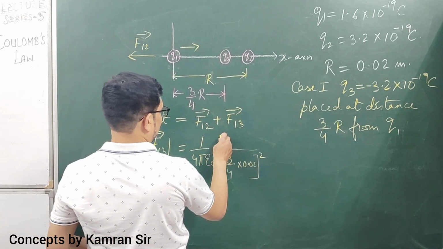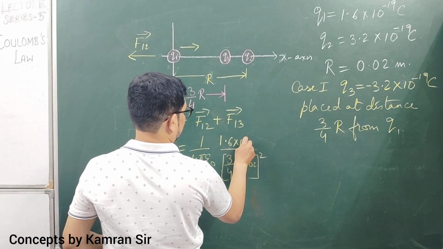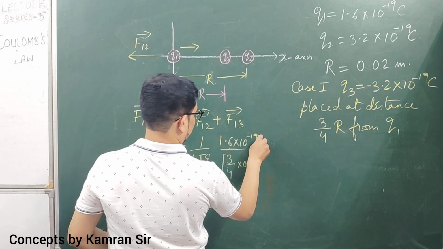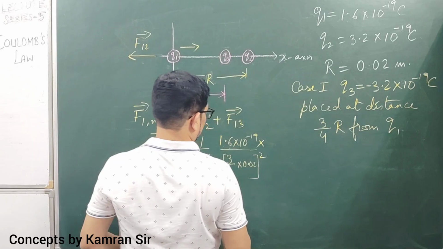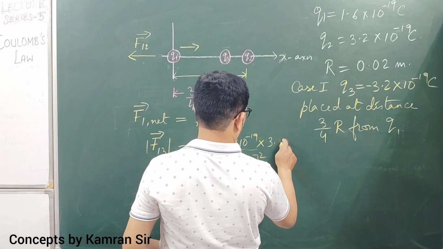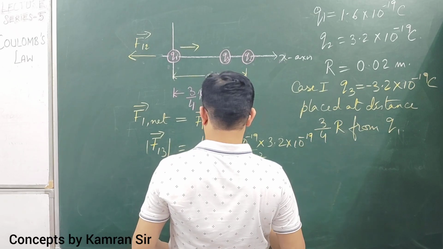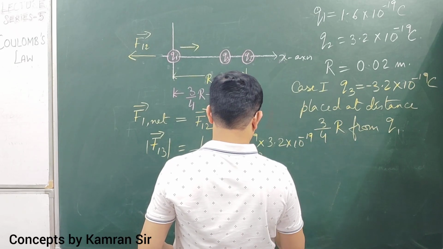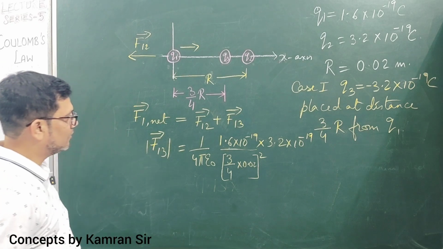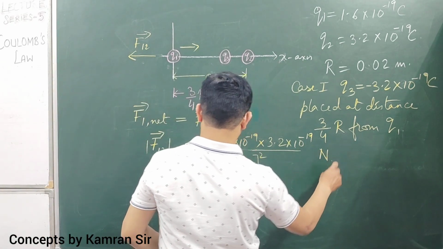Q1 is 1.6 times 10 raised to the power minus 19 times 3.2 times 10 raised to the power minus 19. The value is going to be in newtons.